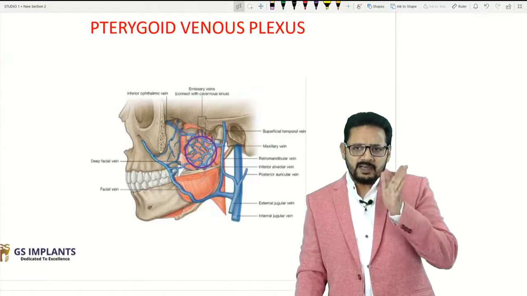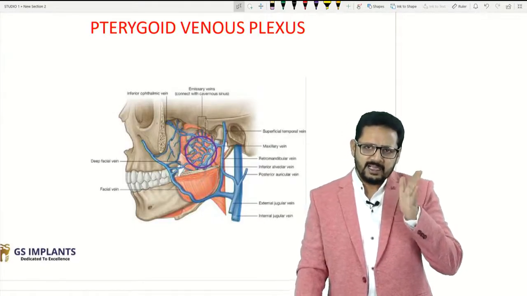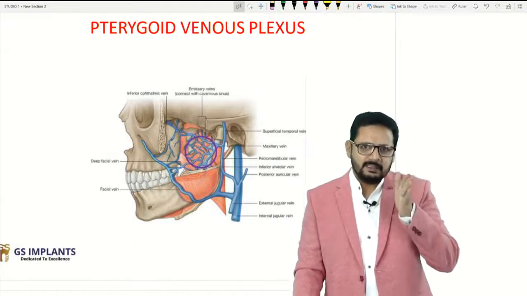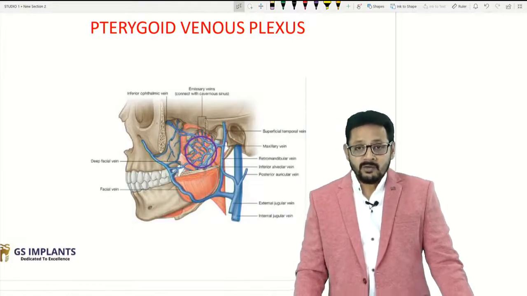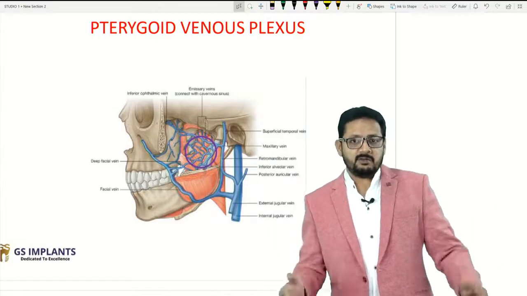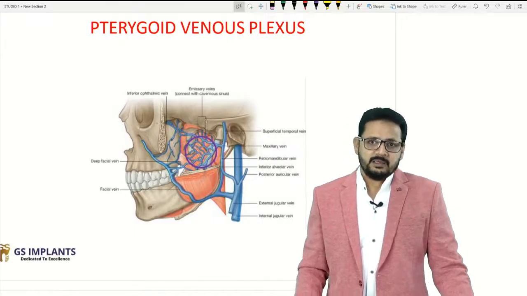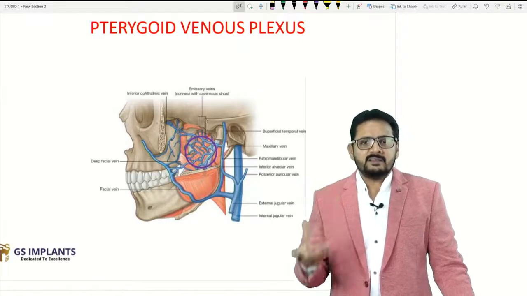Because if you are missing the angulation, if you go too lateral for placing a pterygoid implant, you might rupture the pterygoid venous plexus. Now, what will happen if I accidentally touch the pterygoid venous plexus? It is nothing but a confluence of major veins.